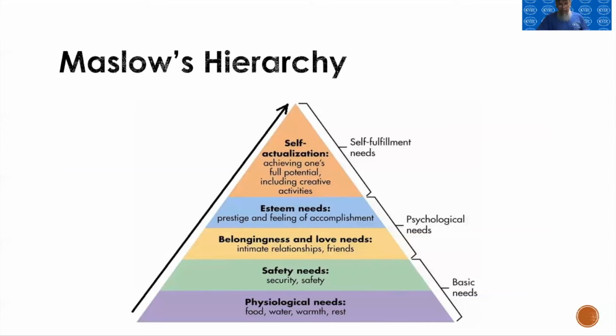One last thing that we want to look at quickly is Maslow's hierarchy of needs. The first thing that you'll see at the bottom is the basic needs, physiological needs: food, water, warmth, rest. If those basic needs are not met, you can't function optimally.